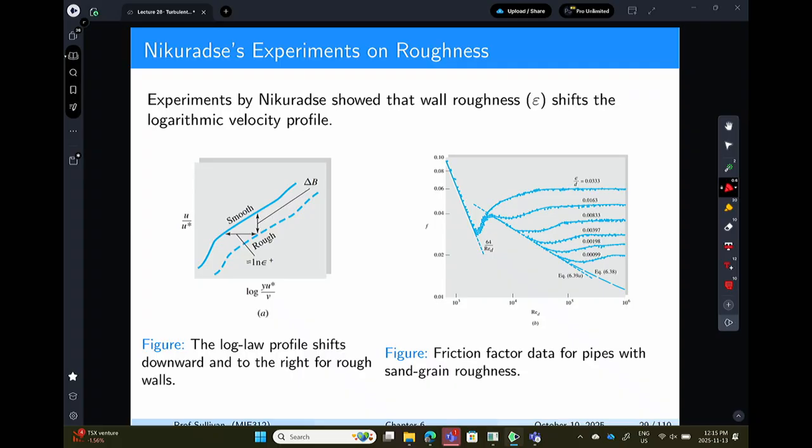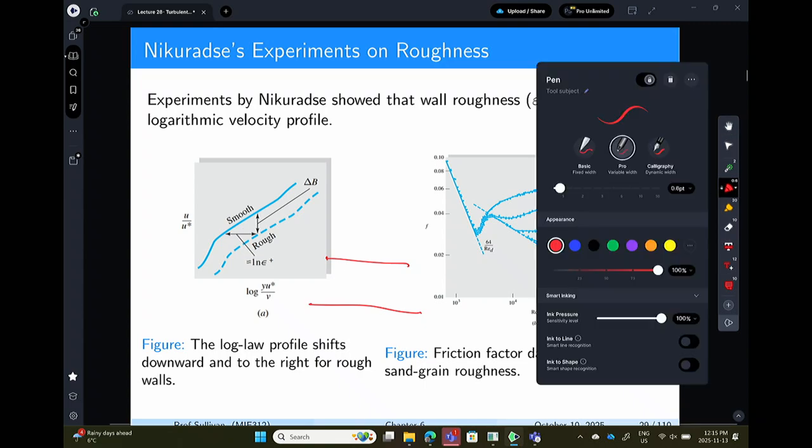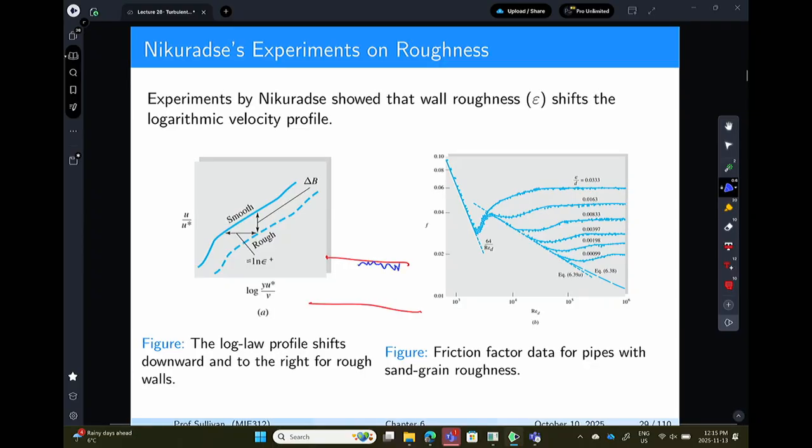Roughness elements just means that if I have a pipe that's like this, it's smooth if there's nothing on the pipe. But if I introduce very small elements along there, and they're not very high, they can be millimeters, a small percentage of the diameter, they still affect things.